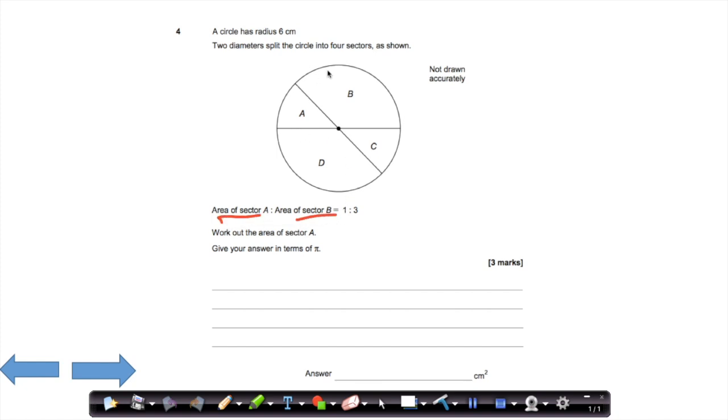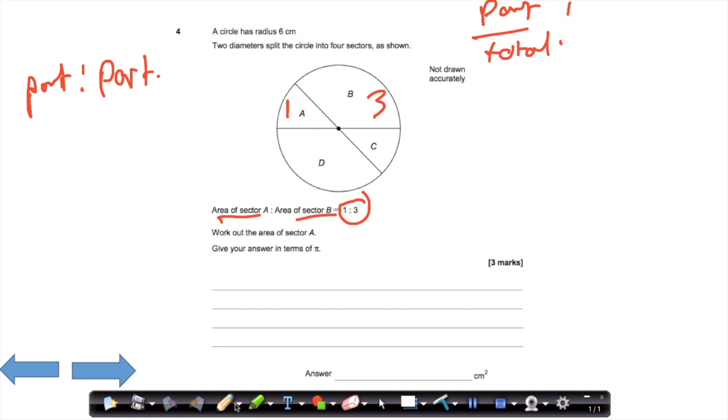So as we have this part which will be 1 and this part which will be 3, remember a ratio is talking about a part to part, so we're in part to part, as opposed to a fraction which is a part of a total.